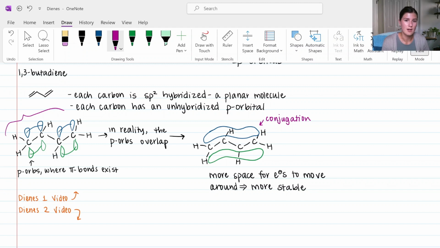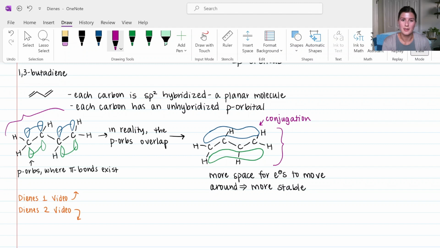And those are atomic orbitals. Each carbon atom provides one of those unhybridized p orbitals. Then when we said in reality the p orbitals are overlapping, we drew this molecule on the right with the overlapping p orbitals. And what we drew here is actually a molecular orbital.